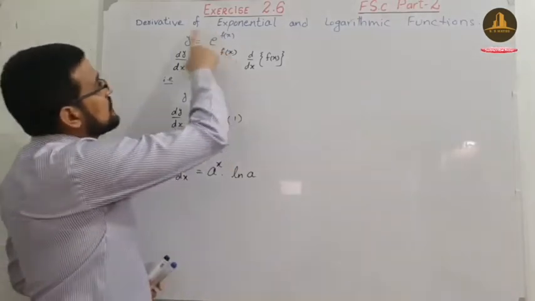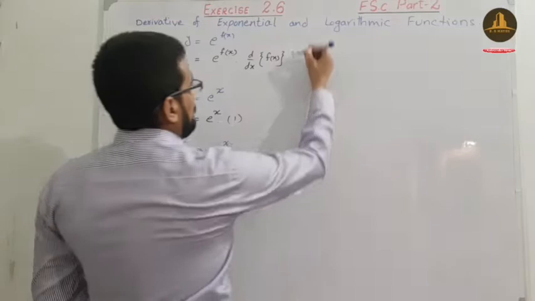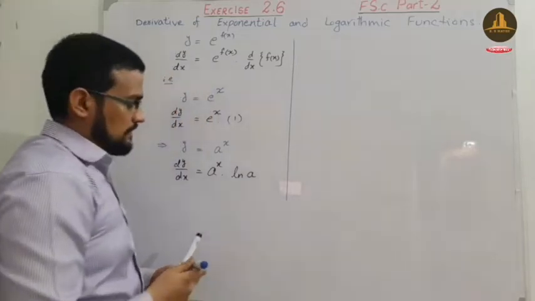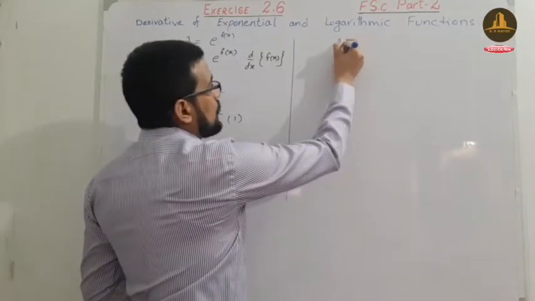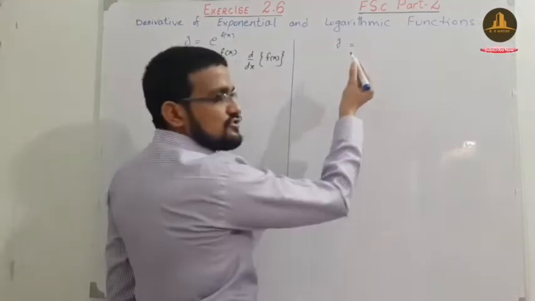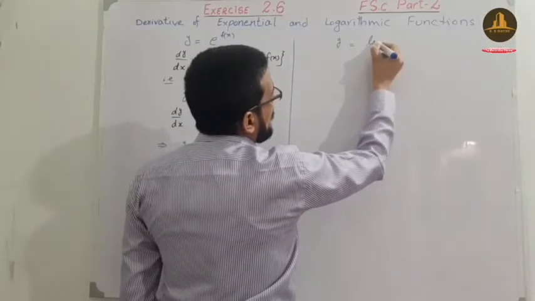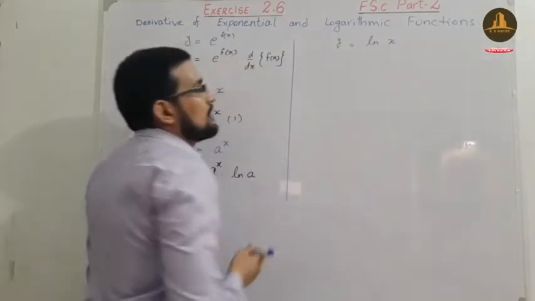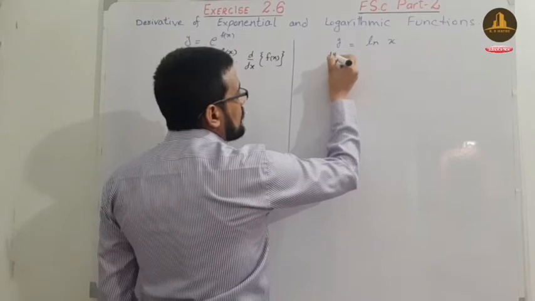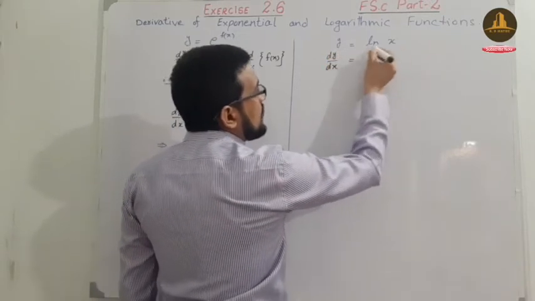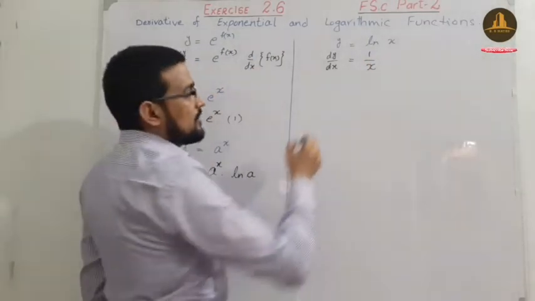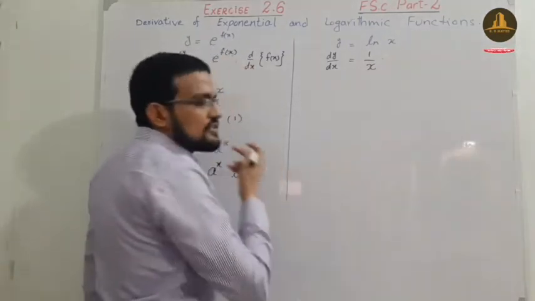And the next is the derivative of logarithmic function. If y is equal to the logarithmic function, it means natural logarithm, y is equal to ln of x. dy over dx, the derivative of ln of x is 1 over x and then multiply with the derivative of x, which is 1.